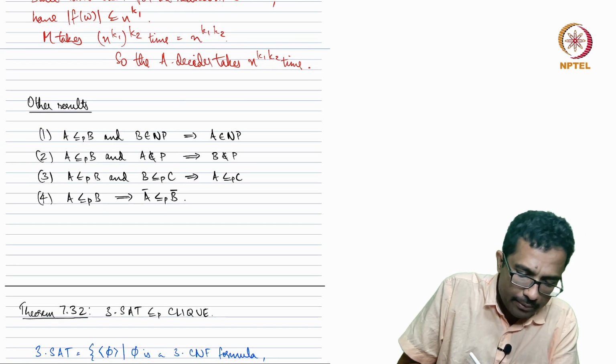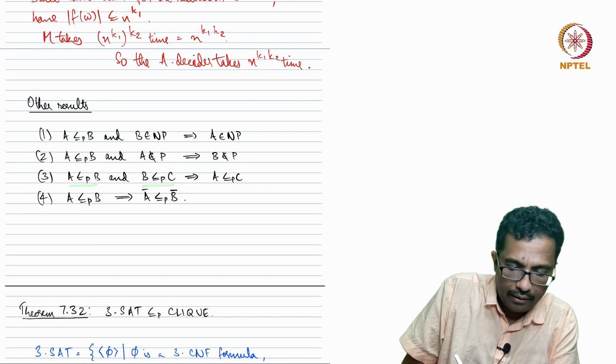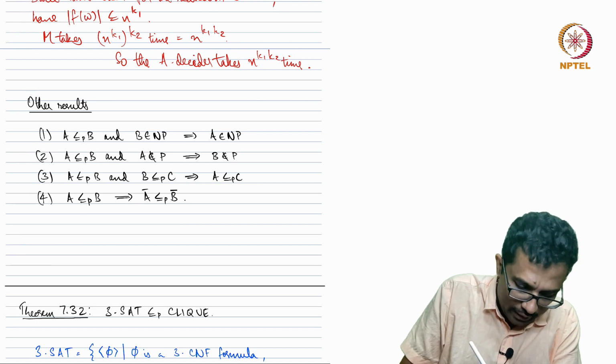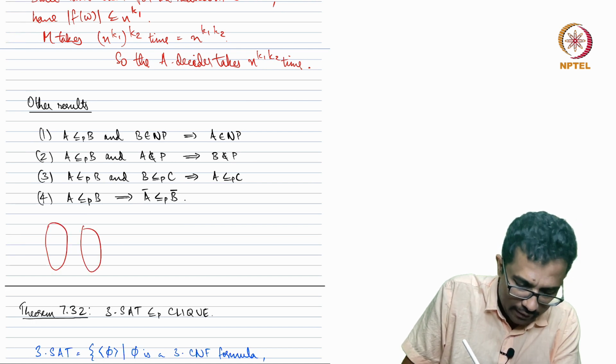Suppose A reduces to B and B reduces to C, then A reduces to C. Why is this true? Because we could just take the composition of the two reductions.